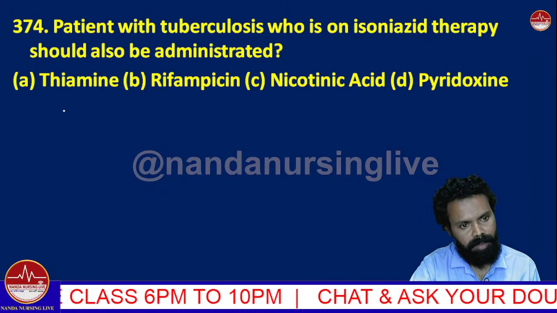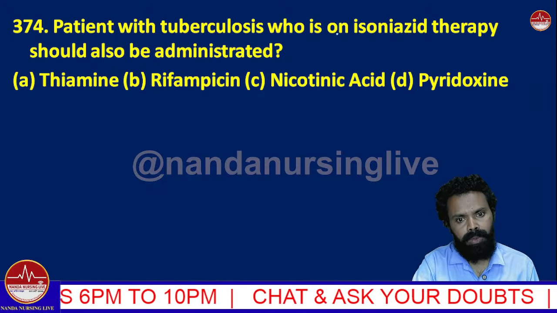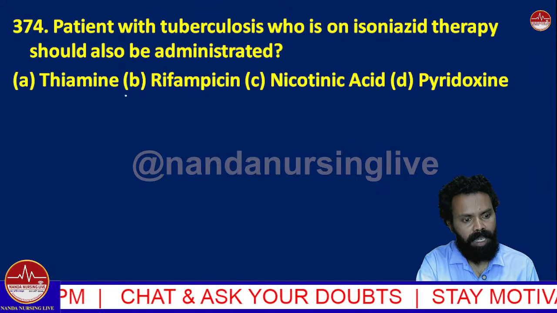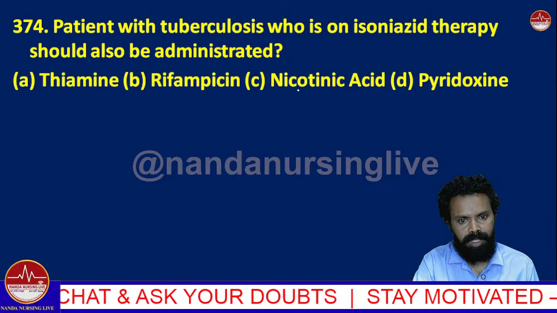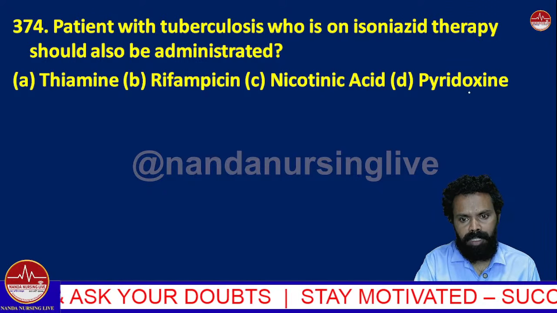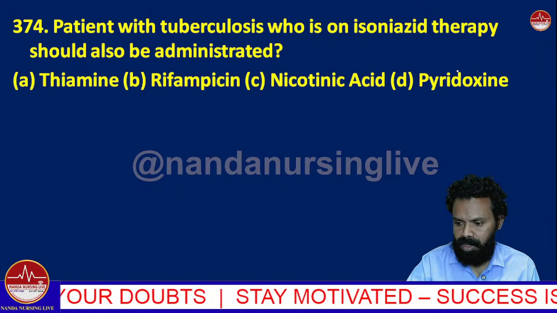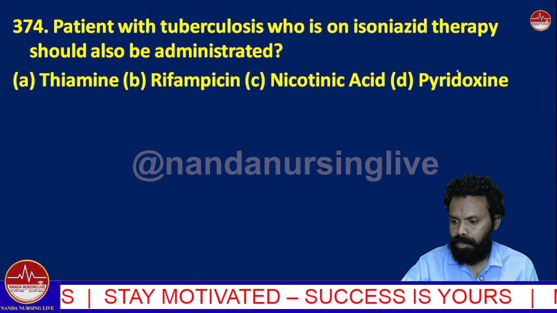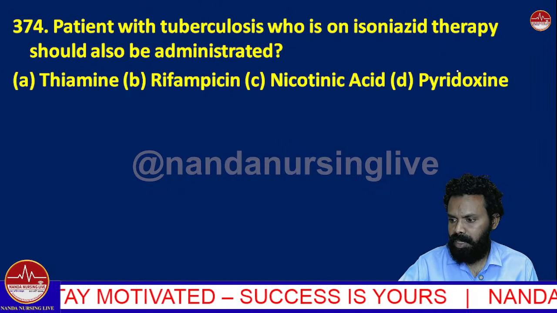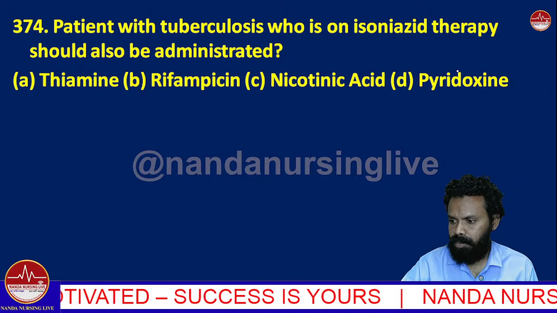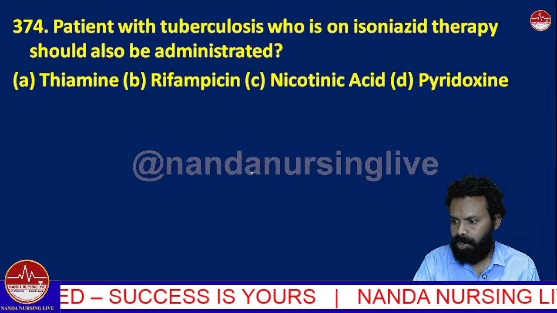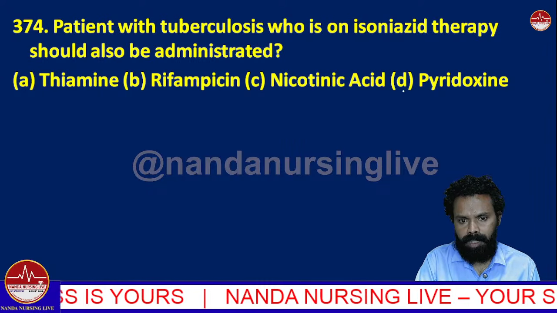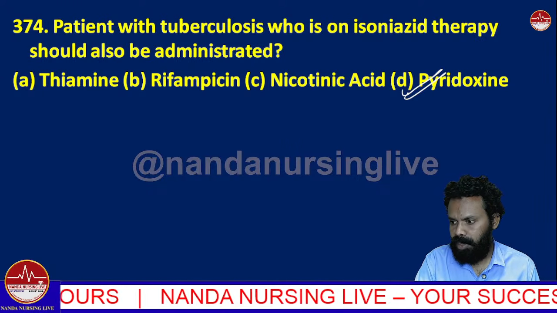Next question, question number 374. A patient with tuberculosis who is on isoniazid therapy should also be administered which drug? Option A is thiamine, option B is rifampicin, option C is nicotinic acid, option D is pyridoxine. So which option is the correct answer, beta? The correct answer is option D, right?